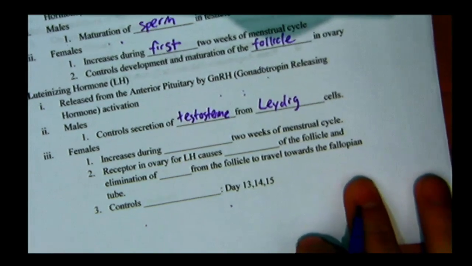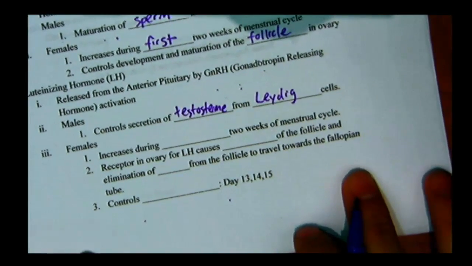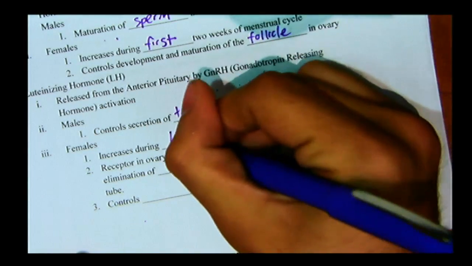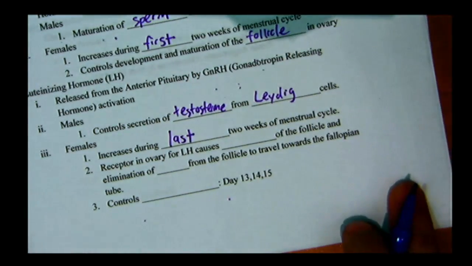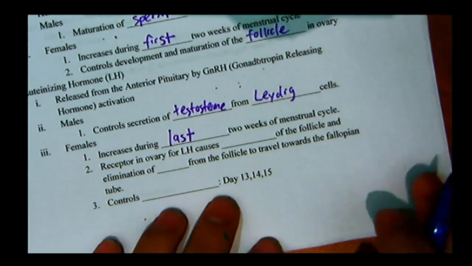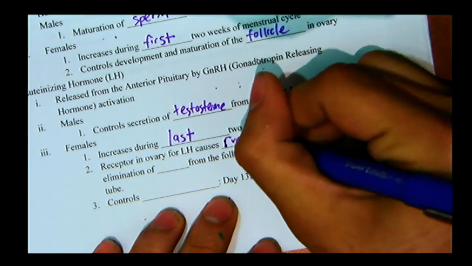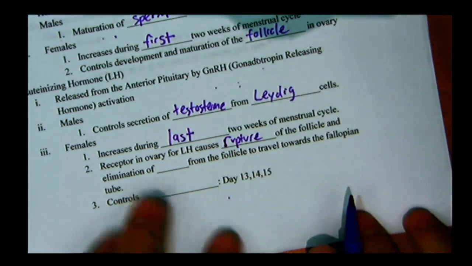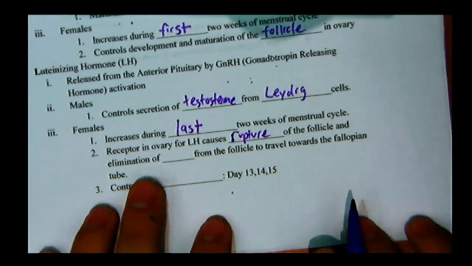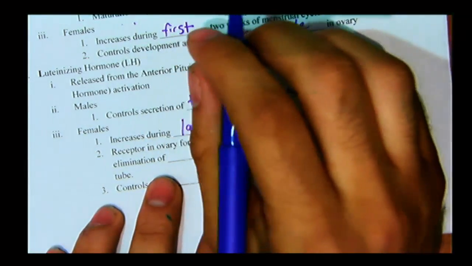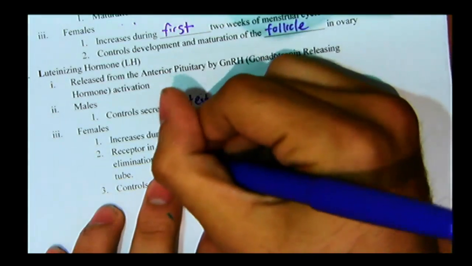To travel towards the fallopian tube. It also controls what? Ovulation. Awesome. Which are days 13, 14, 15. So real quick, when the ovum is released, where does it go? Fallopian tube. Awesome. Always be visualizing where everything is going.